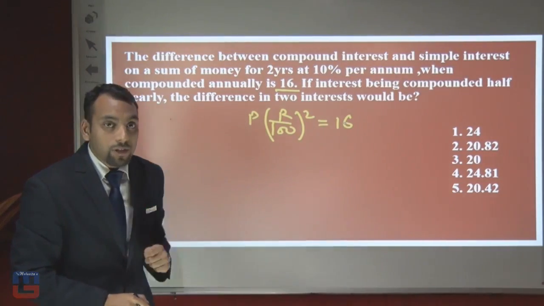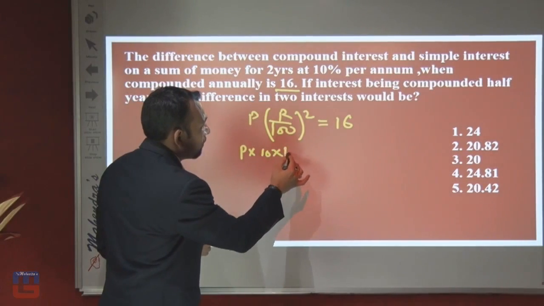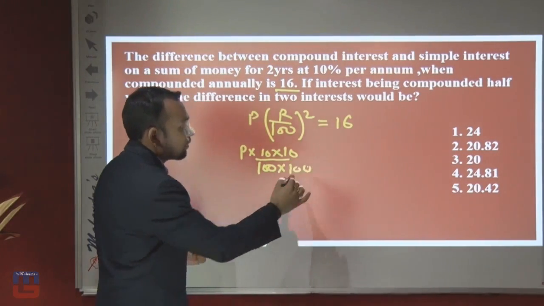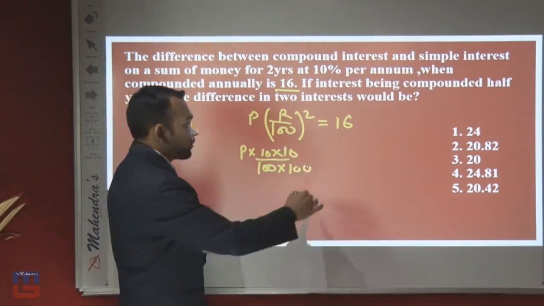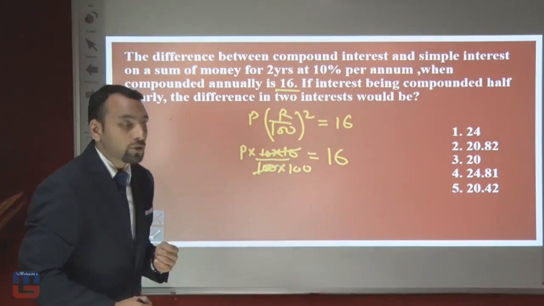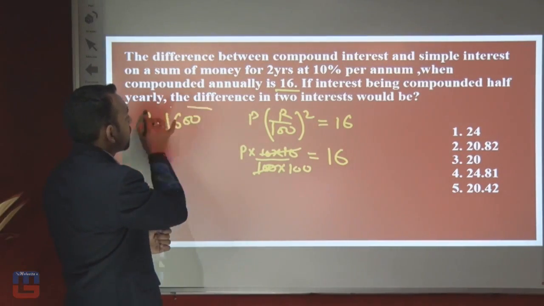Rate percent is given, so P times 10 multiplied by 10, and 100 multiplied by 100. This will be equal to 16. This will cancel by this. So here we will get principal as 1600.